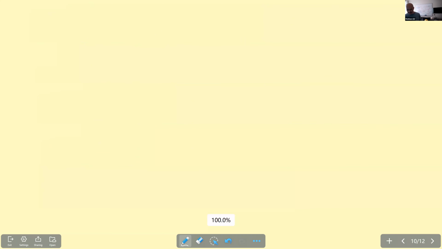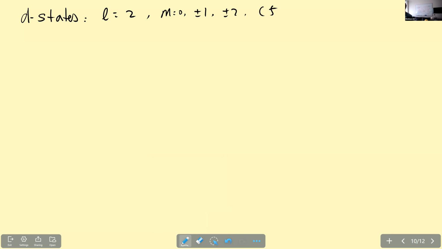So let's look at the D states. In this case, L equals 2, and then of course you can have M equals 0 or plus minus 1, plus minus 2. So there are 5 components.